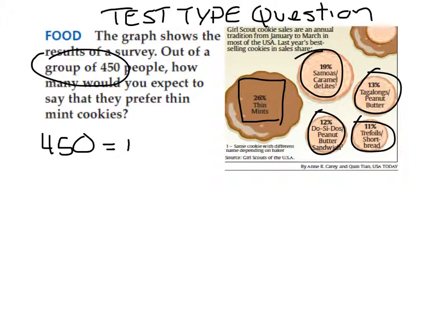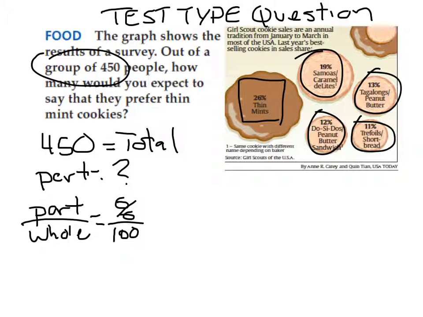So that's our total. We want to know what part of that 450 are going to choose Thin Mints. So what we're going to use is proportions. We're going to go back to something we learned previously. If you recall, we have a proportion where we're comparing two ratios, part over whole.